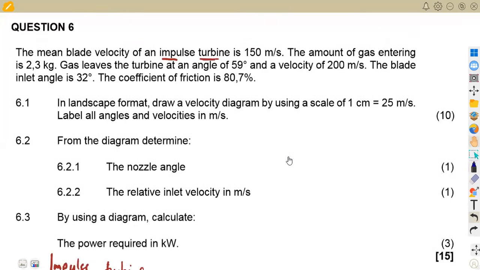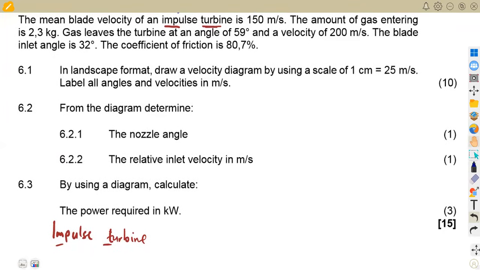So this one has got the axial thrust, meaning to say we can actually obtain our force, which is the axial thrust in this case, which is different when we are dealing with a reaction turbine, that one that is without axial thrust. But this one, it has. We shall see about that. It's only that in this question we do not have that question, but as we are revising, we shall talk about a question that can ask you to calculate that axial thrust. So it's just something that you just need to know on the different types of these.